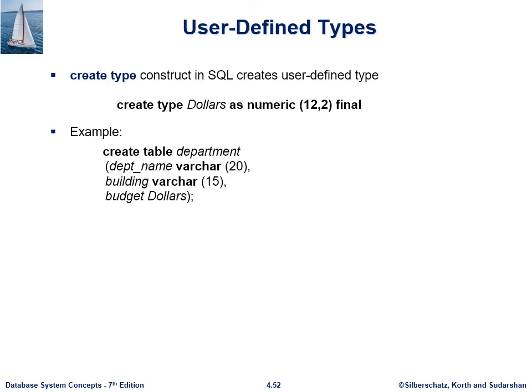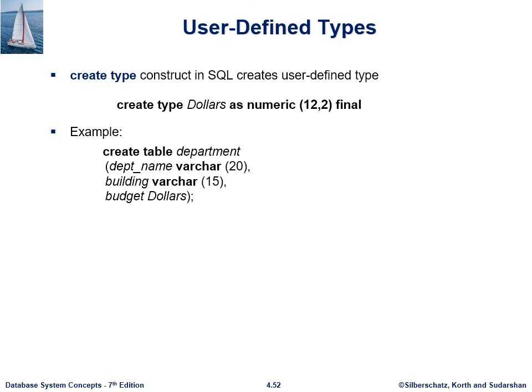Once we create this dollars type, it's numeric 12 and 2, which means in total it has 12 digits, and after the decimal it has 2 digits. So before the decimal we have 10, after the decimal we have 2, like cents. Once we define dollars, we can use it in other locations. For example, we create a table department, with department name varchar, building varchar, and then budget.